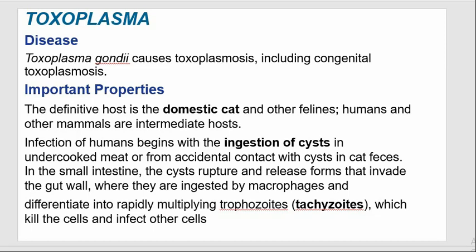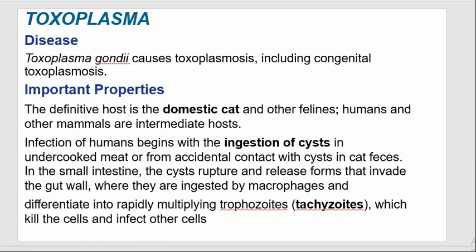The most important features of this parasite or this species: the definitive host is the domestic cat and other felines. Humans and other mammals are intermediate hosts. إذا لما نقول إن هذا الكائن الحي هو الدومستيك كات فهو definitive host، إذا معناها هذا السبيشيز أيضا يحتوي على two types of reproduction أو multiplication, sexual reproduction and asexual reproduction.